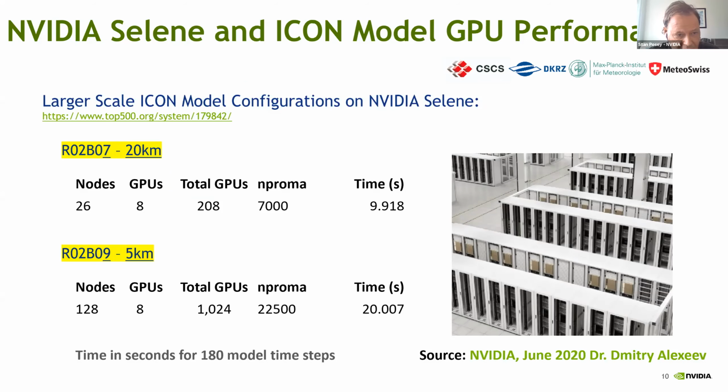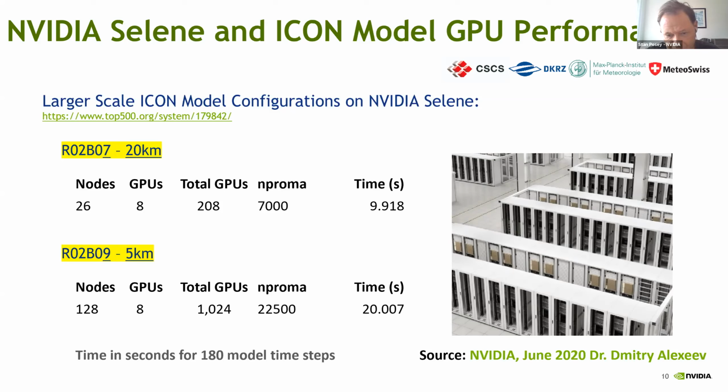It's the 20 kilometer configuration where we ran on a total of 208 GPUs. So you've got 8 GPUs per node, 26 nodes. The CPUs on this, by the way, are x86 Skylake based. And you can see the kind of times we're getting for 180 time steps. Same thing for a larger 5 kilometer global configuration, 128 nodes, 8 GPUs per node, so 1,024 GPUs.